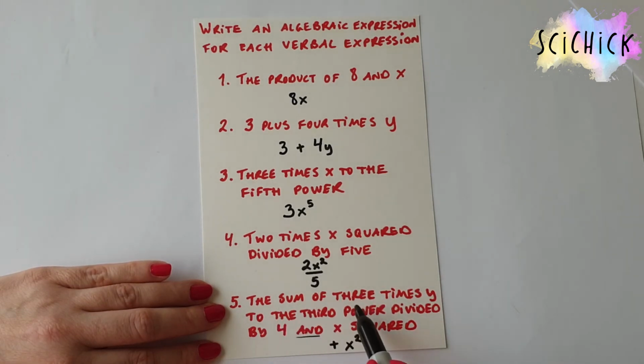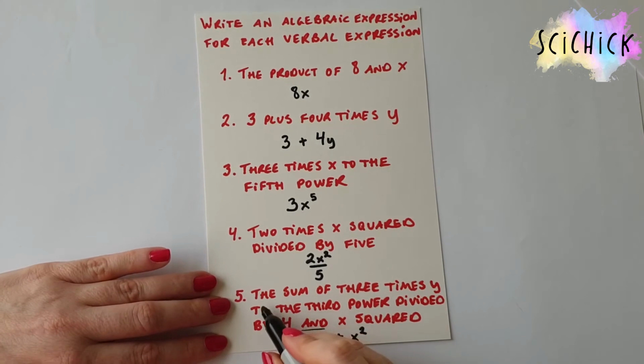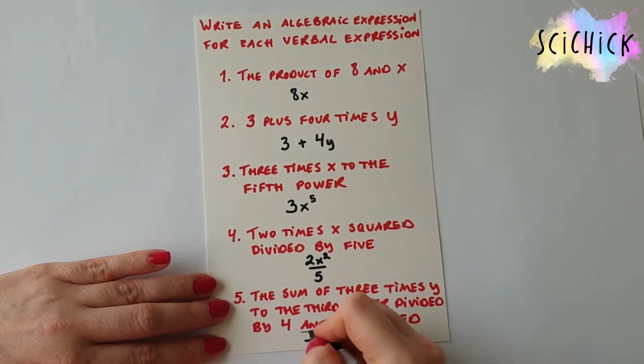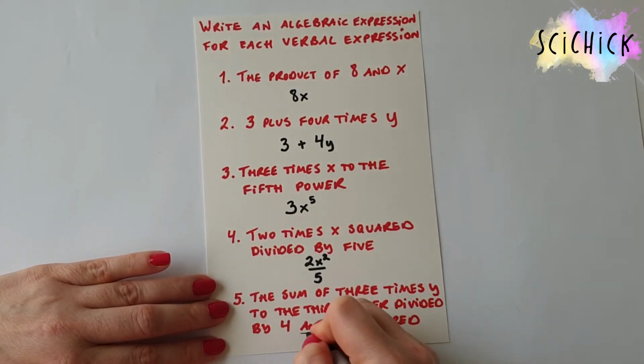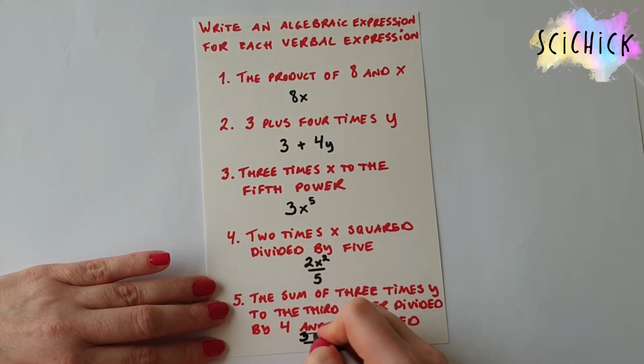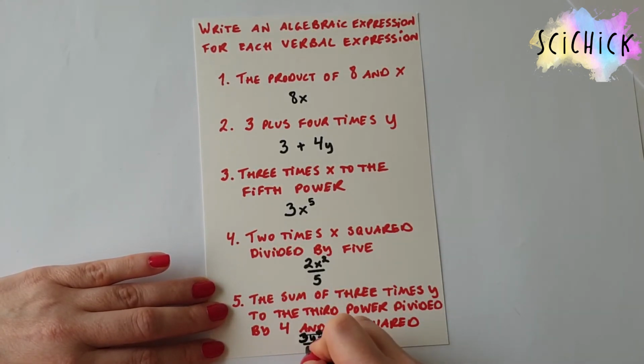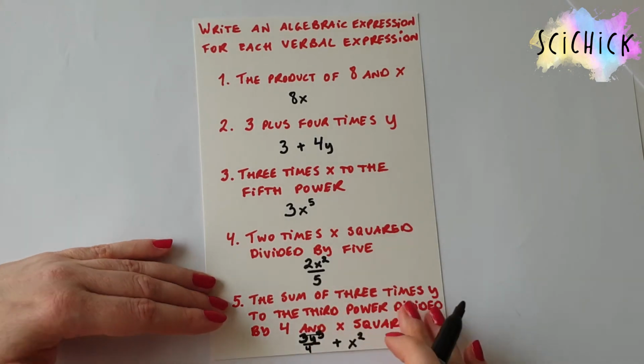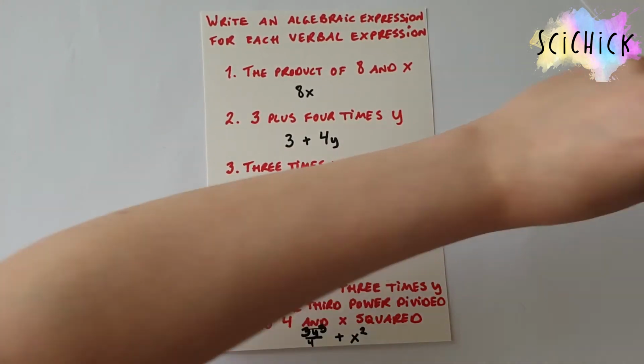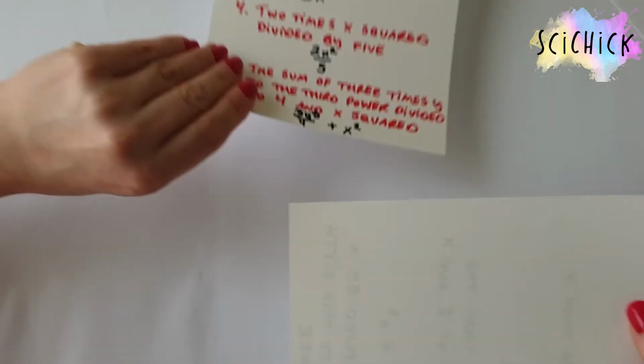The sum of 3 times y to the 3rd power divided by 4. There's a divide here. I'm going to put it here. Hope you can see it. The sum of 3 times y to the 3rd power. Okay, 3 times y to the 3rd power divided by 4. I'm going to write this again for you guys, so you see it better.